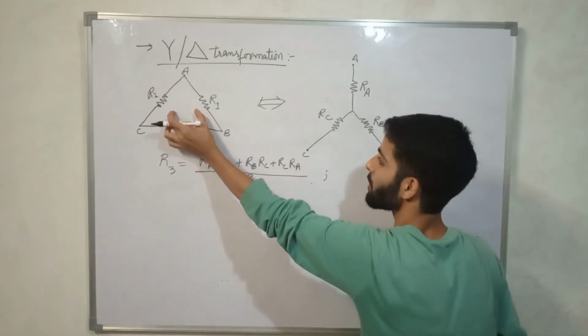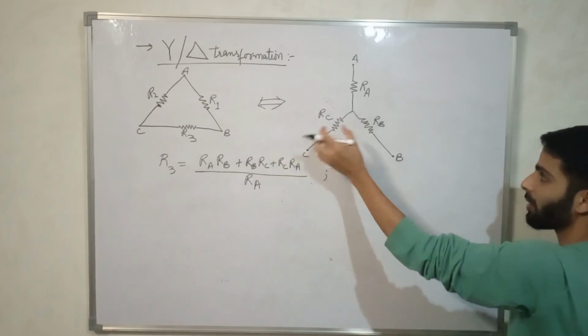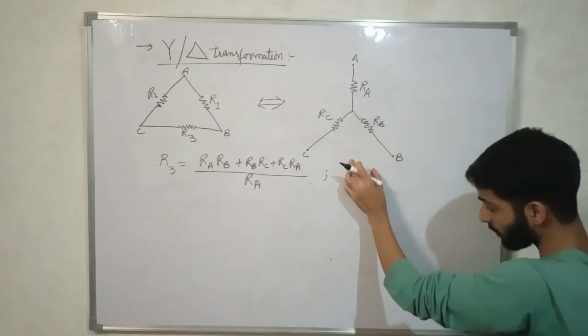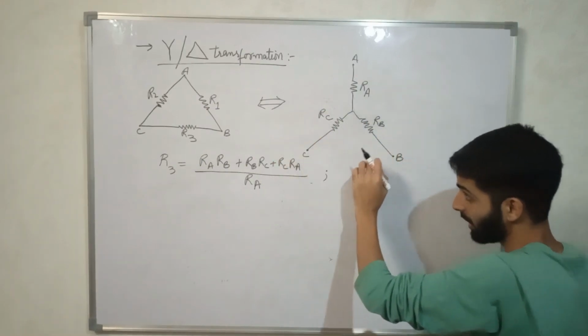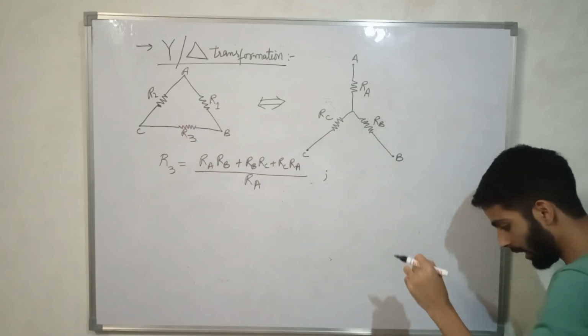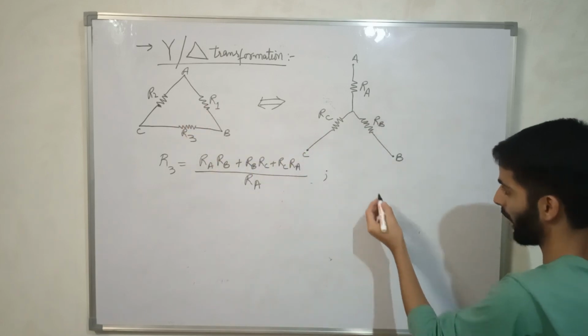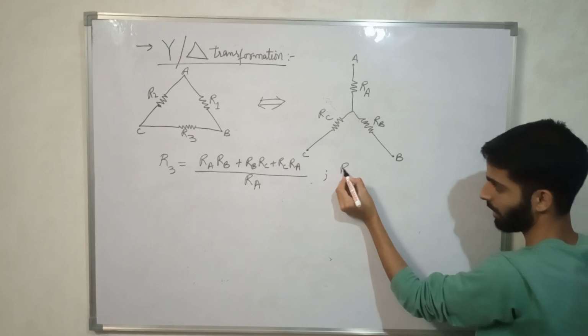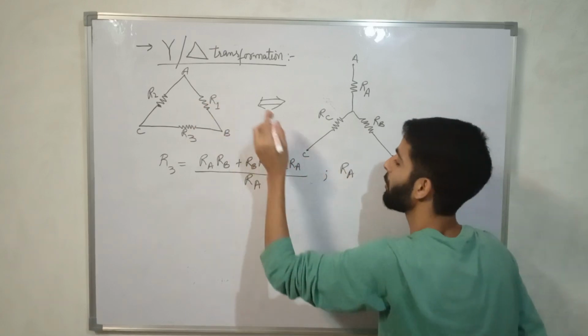We have found this parameter in terms of this. Now if we have to find any resistance from this section in terms of that, how will we do that? Suppose we have to find RA.